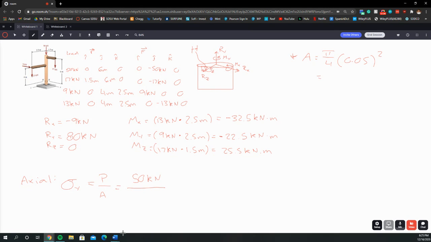So area equals 1.96 times 10 to the negative third meters squared. Plug that in, and then we can solve.